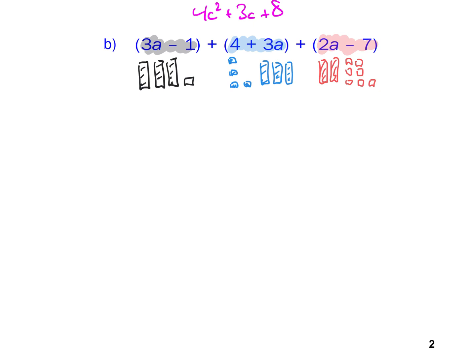And now what we get to do is what? Put them together. Group them together. So, if we are going to group them together, then let's look at our rectangles first. Are they all shaded? Yep. How many of them are there? 8. So we have a total of 8 all shaded rectangles.